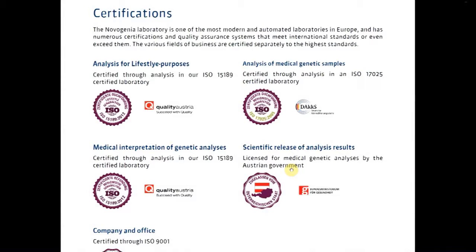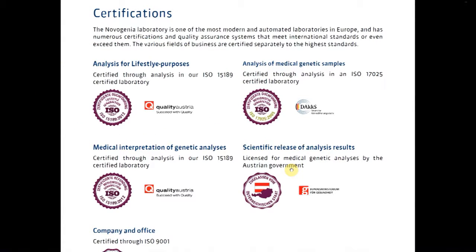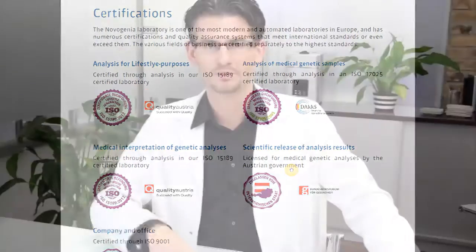Then in addition, this was compulsory to have a laboratory in Austria. It's also a quality sign compared to other countries where you could do it without any kind of certification. So this is one of the steps. Then the optional certification, the ISO 15189 certification, is the highest level of quality certification you can have for a medical laboratory.